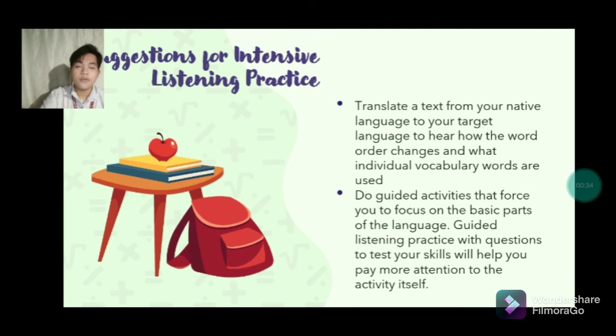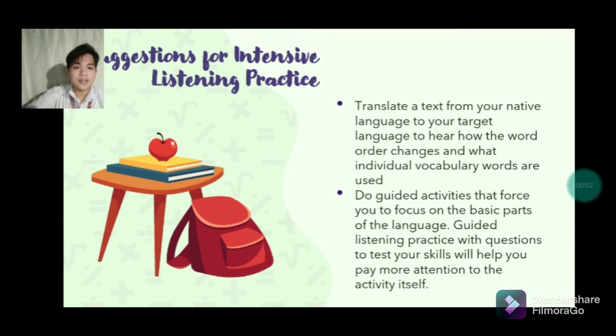Therefore, if you want to hear your native language translated into another language, you can use Google Translate. You will hear how your native language is translated in English, the target language you want to study. And you can also translate English into your native language, which is Tagalog.